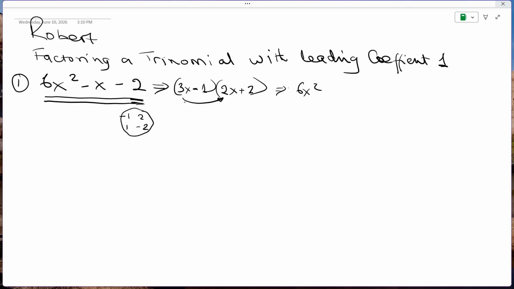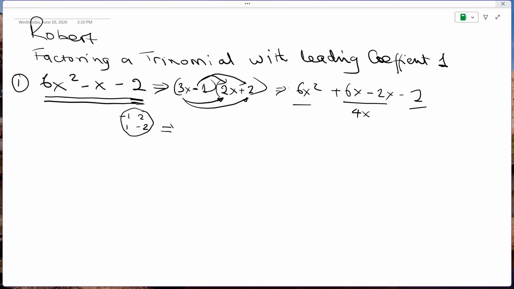That's okay. Now 3x times 2 will give us positive 6x, and then negative 1 times 2x will give us negative 2x, and then negative 1 times 2 will give us negative 2. So whereas this is okay and that's okay, this will give us 4x. So that means we've got it wrong, and we've got to look at the other options.